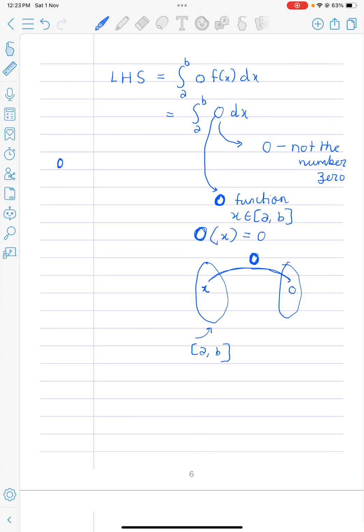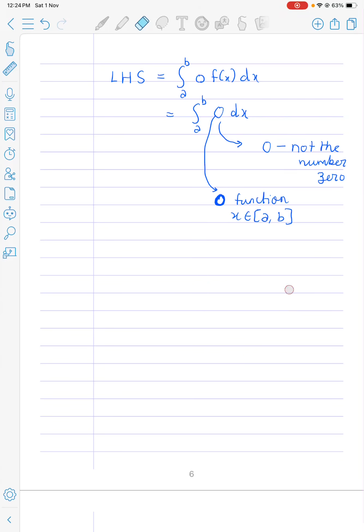When you usually write a normal 0, then it is a number, so don't confuse. Here we are talking about the function 0. So to denote that, I will use maybe a dark 0. Here it is the number 0. Here it is a 0 function.